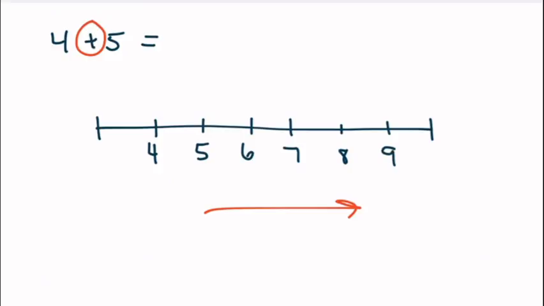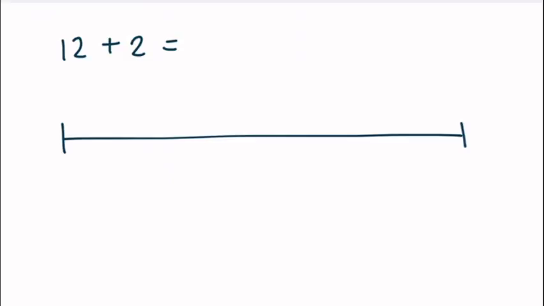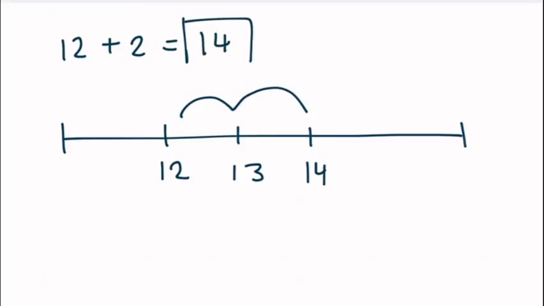So 4 plus 5 is equal to 9. The next one is 12 plus 2. As always, we draw our number line, plot the number 12, and we move to the right 2 times. 1, 2, that's 13, 14. So 12 plus 2 is equal to 14.